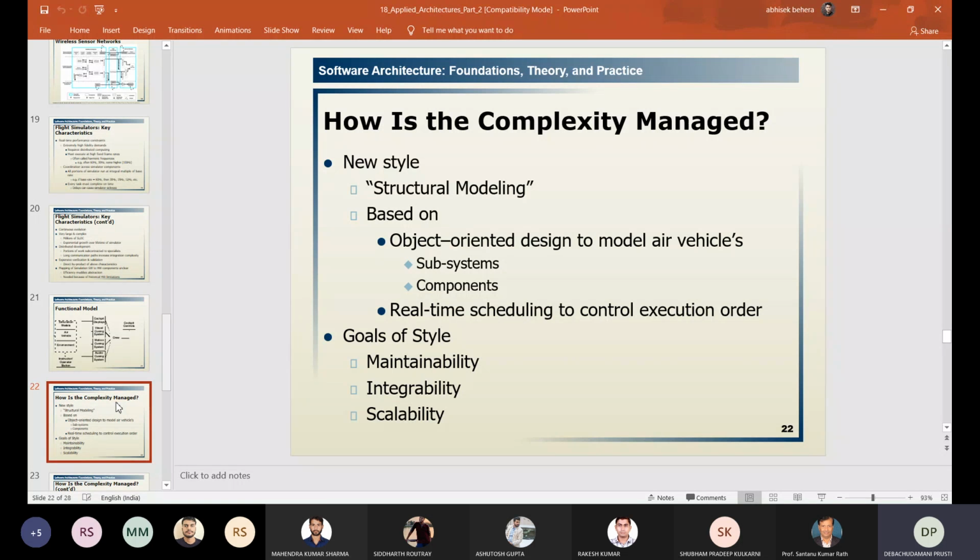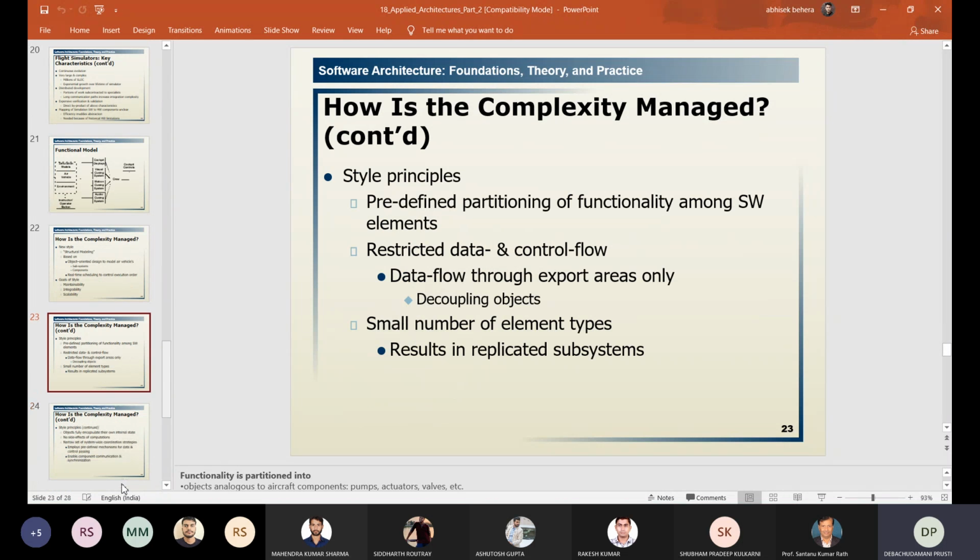And what is the goal of the style? To manage the complexity. It is for maintainability, integrability, and scalability. It is the main objective of our style. Then the style principles. It is defined for partitioning of functionality among the software elements.